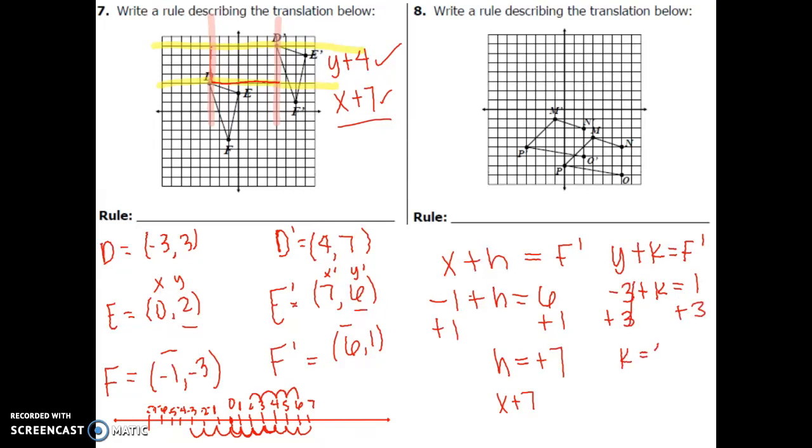Therefore, K would be equal to +4, so I know that Y plus 4 is my rule. So let's write that rule. That rule would say X plus Y. We slid it where X moved 7 in the positive direction and Y moved +4 in the positive direction. So that is a rule, and that is our answer.